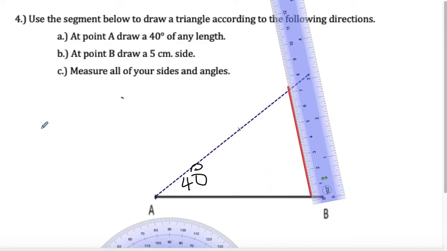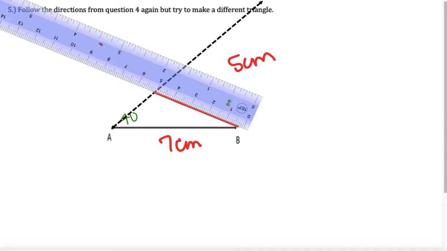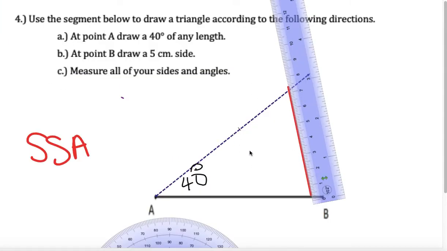And so with this criteria of a side, another side, and an angle, we were not forced to get the exact same triangle. We had 2 different triangles that were possible. So this criteria of side, side, angle did not create congruent triangles.